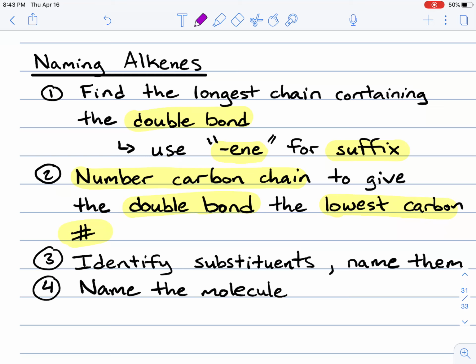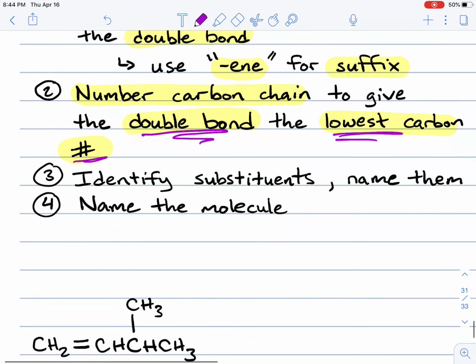And this is the first functional group that takes precedence over alkyl groups and halogens. Okay? And so halogens and alkyl groups, they're equal in weight, so to speak. One doesn't really take over the other. We just have to organize them in alphabetical order. However, when we're numbering our carbons, the double bond takes priority and must have the lowest carbon number.